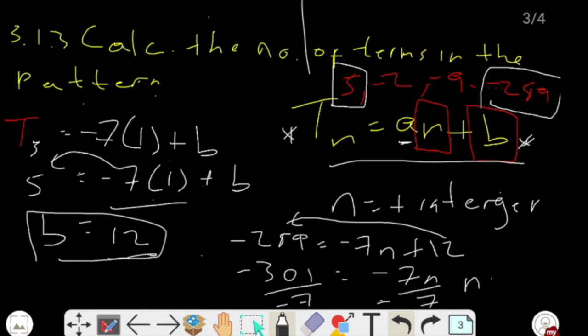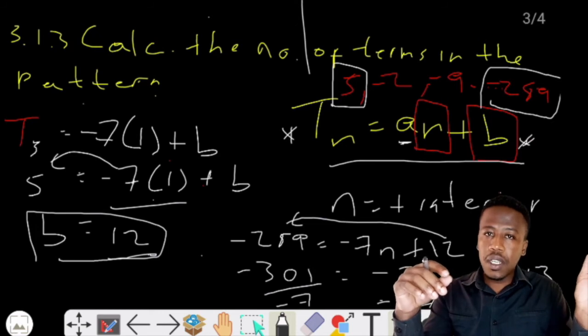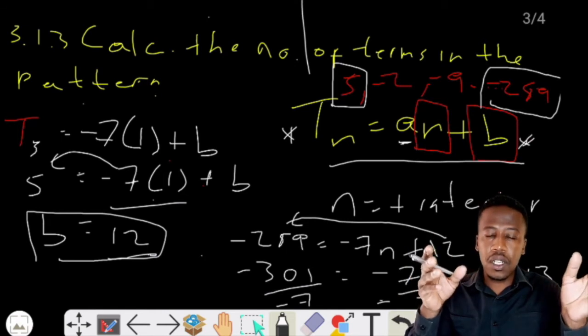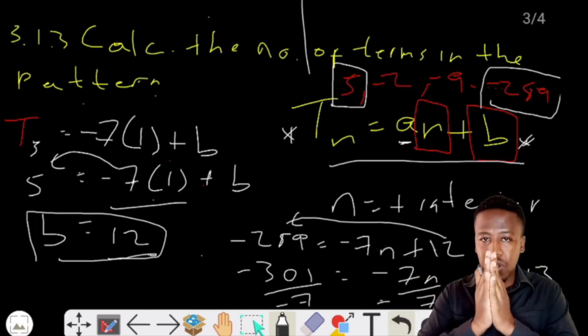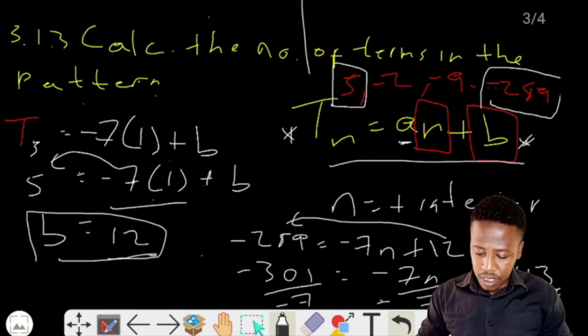So n equals -301 divided by -7, which, if you punch it into your calculator, gives you 43. So we have 43 terms in our sequence. That's how this question should be interpreted.